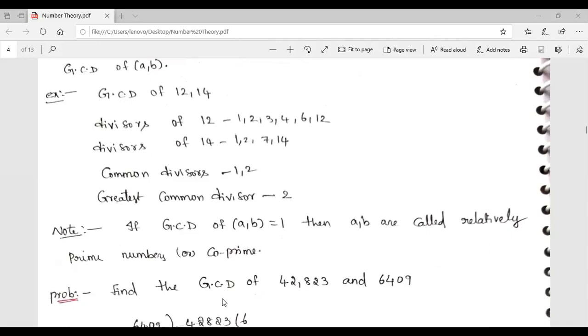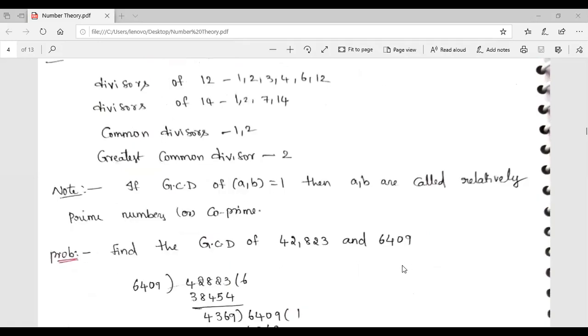Okay. So problem: find the greatest common divisor of 42,823 and 6,409. These are the two numbers given. We find the greatest common divisor using division.